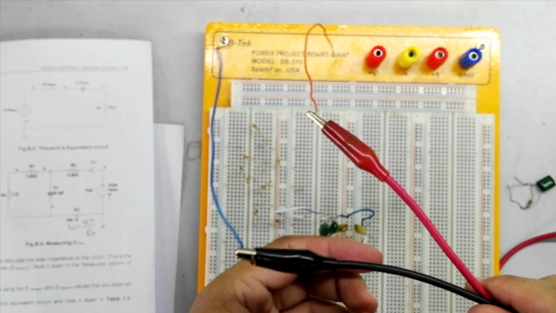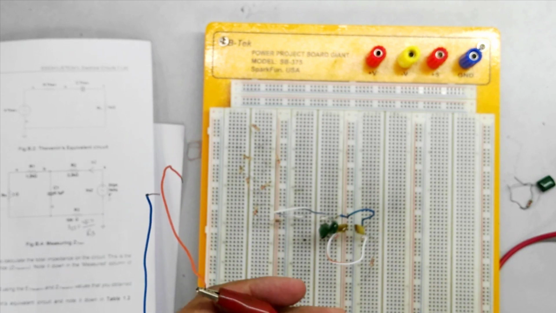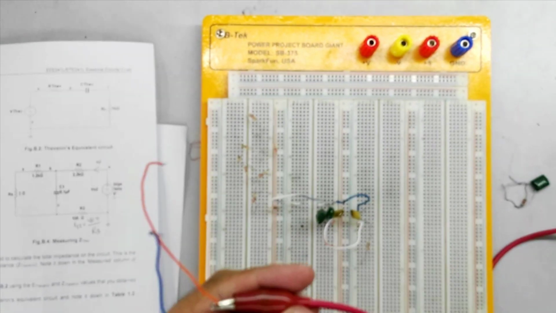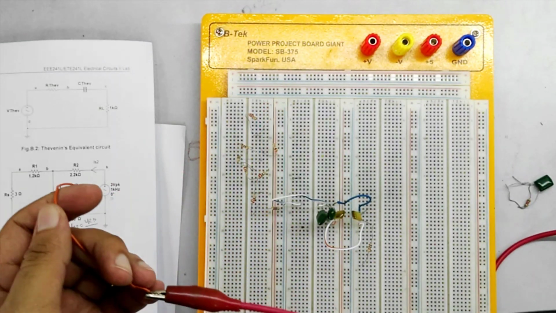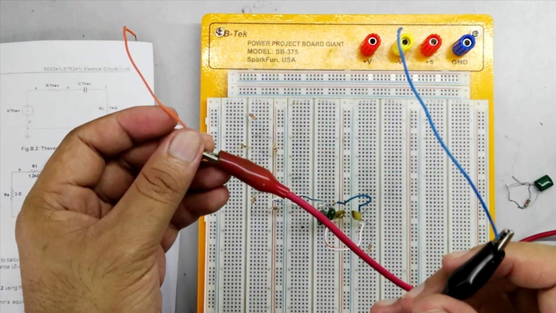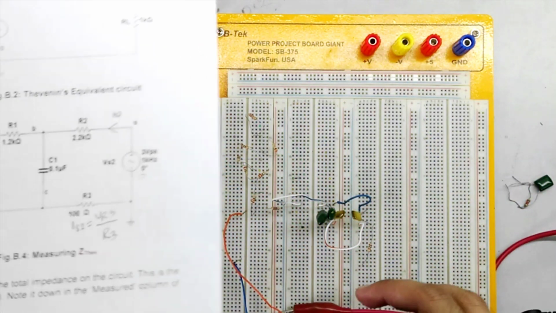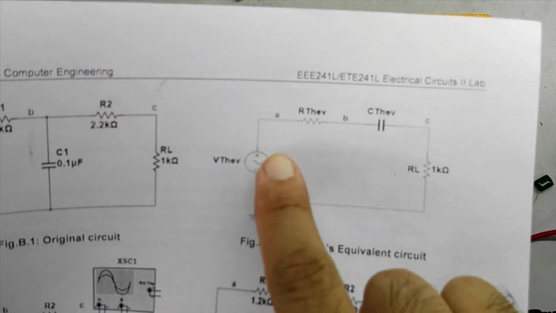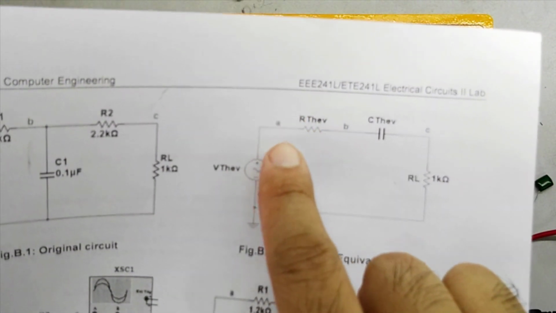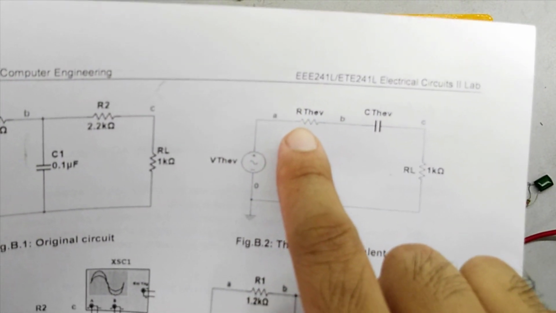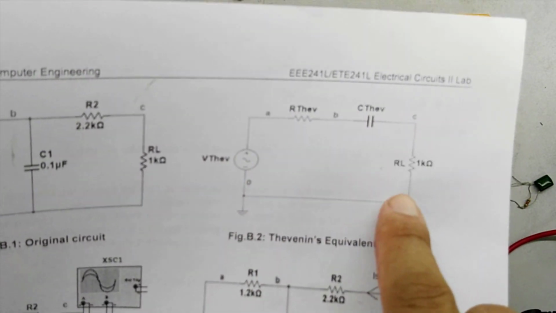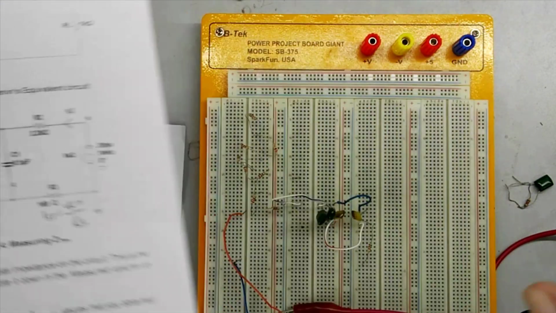We should now attach the function generator, and we will attach it by placing the red probe to the end connected to the Thevenin equivalent resistance and the black probe to the other end of the load.